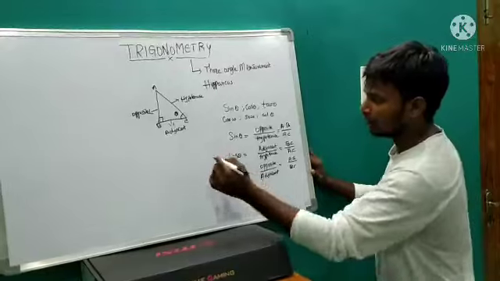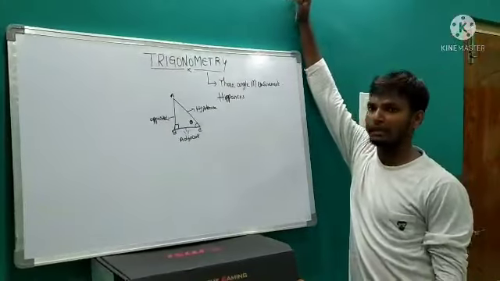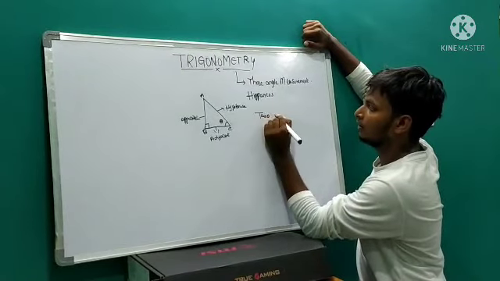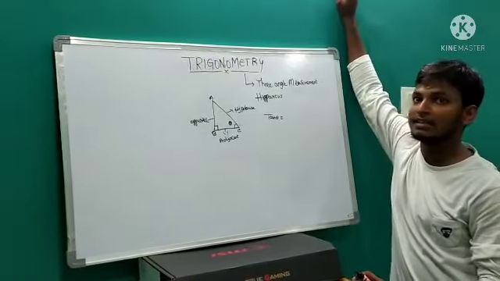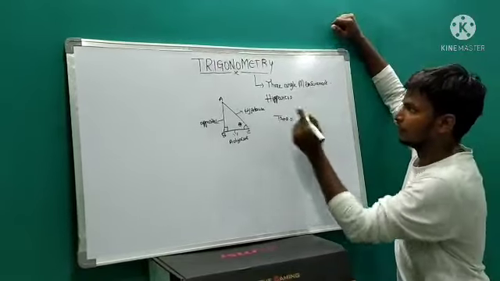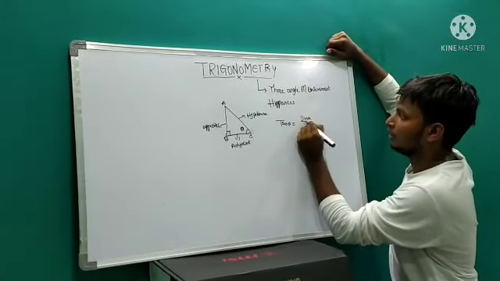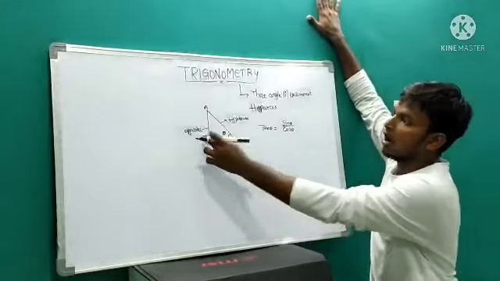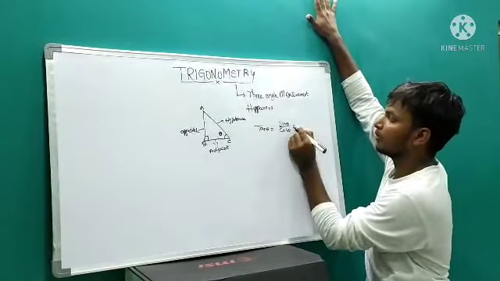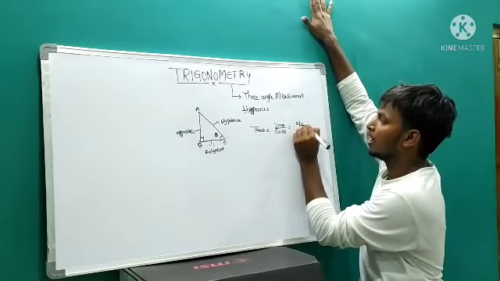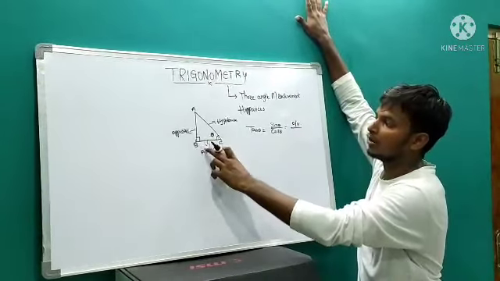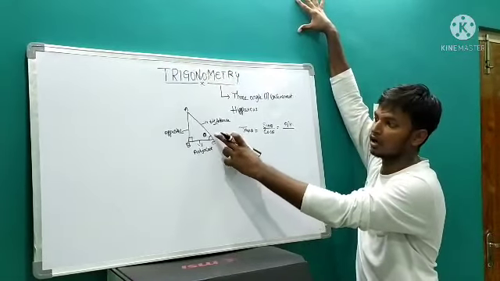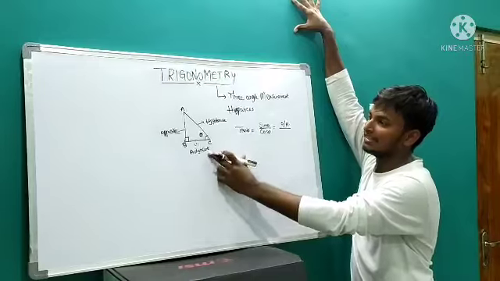We can write tan theta in another way also. Tan theta is also written as sin theta by cos theta. Here sin theta is opposite by hypotenuse, and the cos theta formula is adjacent by hypotenuse.